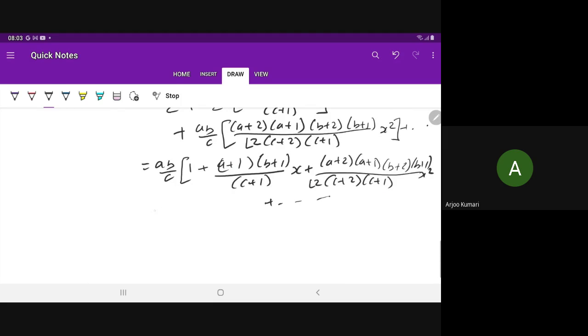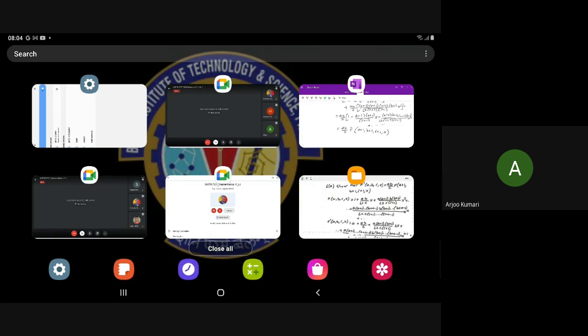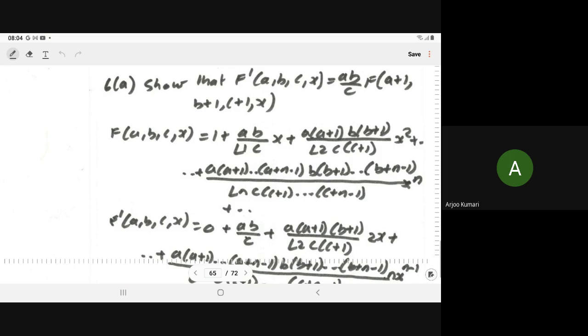So what is this bracket term? The bracket term is F of a plus 1, b plus 1, c plus 1, and x. So we have proved that F dash of a, b, c, x is equal to ab upon c F of a plus 1, b plus 1, c plus 1, and x.